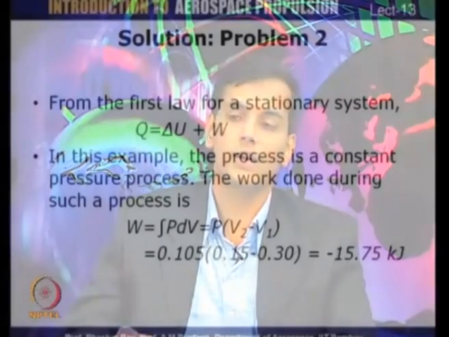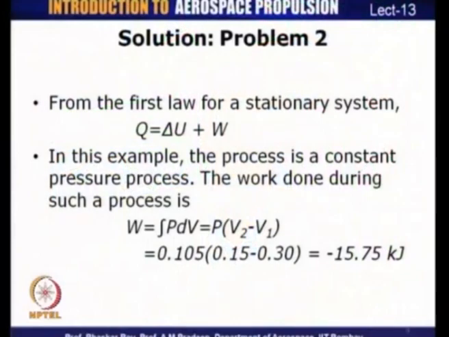If we apply the first law of thermodynamics for a stationary system, because it is given as a stationary, closed system, we have from the first law Q is equal to delta U plus W. Now, in this example Q is given as 37.6 kilojoules, and since this process is a constant pressure process, the work done is something we had derived a few lectures earlier.